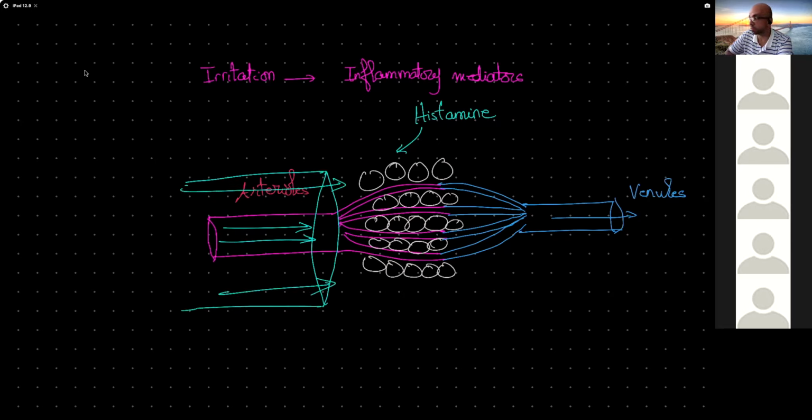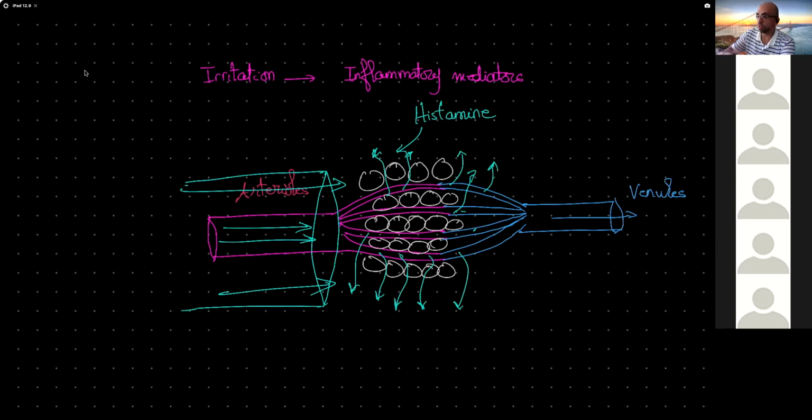to my capillaries. And as I bring more blood to the capillaries, this will cause the leakage of more fluid from my capillaries into my tissues. More fluid into the tissues.